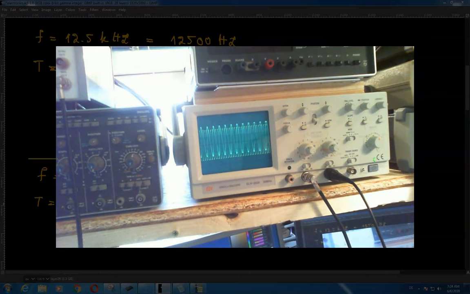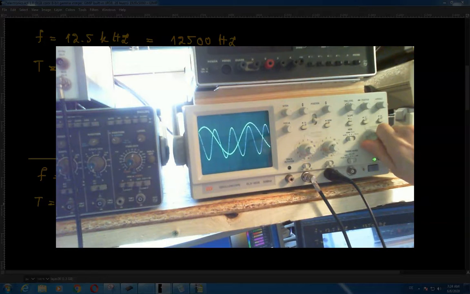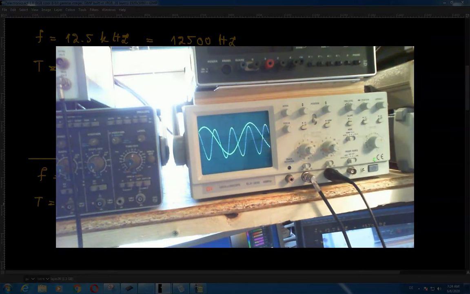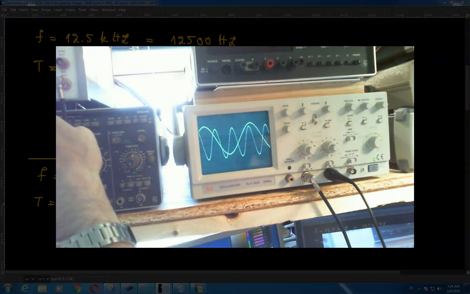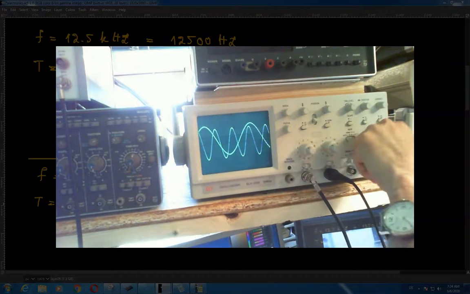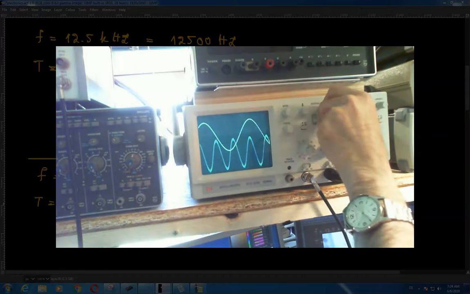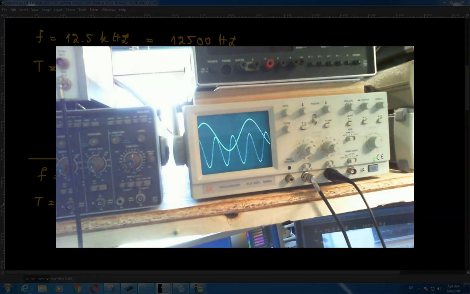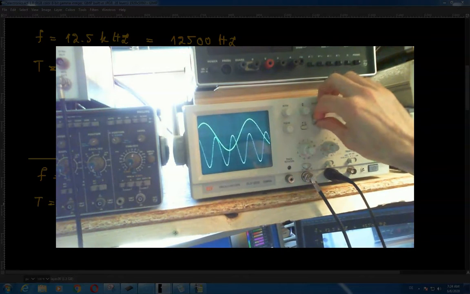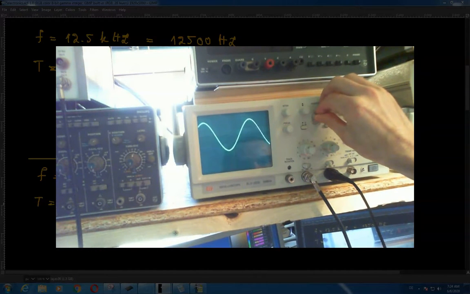If I change the frequency here a little bit, then I can see both of these waves at the same time. Now the frequency over here, for channel 1, is about 1.4 times 10, equal to 14 kilohertz. Over here is 40 kilohertz or so, right? So you can see both of these at the same time, and this would be the first wave, this would be the second wave, right?